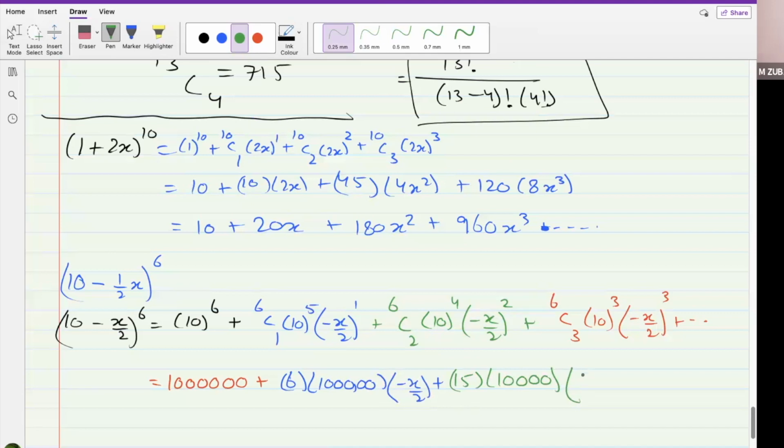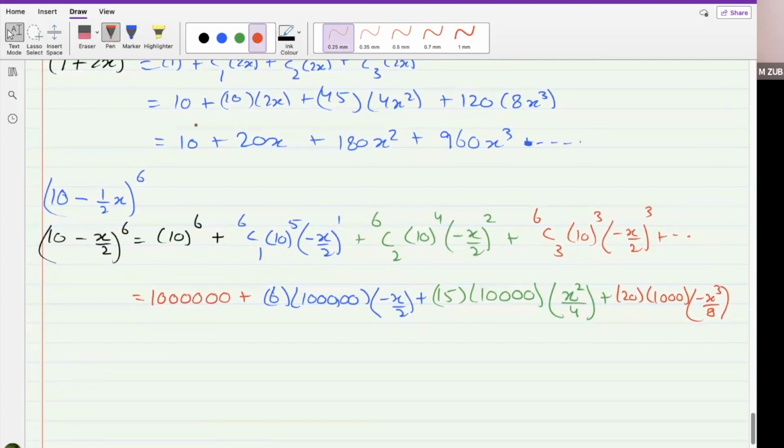When the power is even, the negative sign disappears. This is x squared over 4, plus the last one, 6C3 is 20 times 1 times negative x cubed over 8.